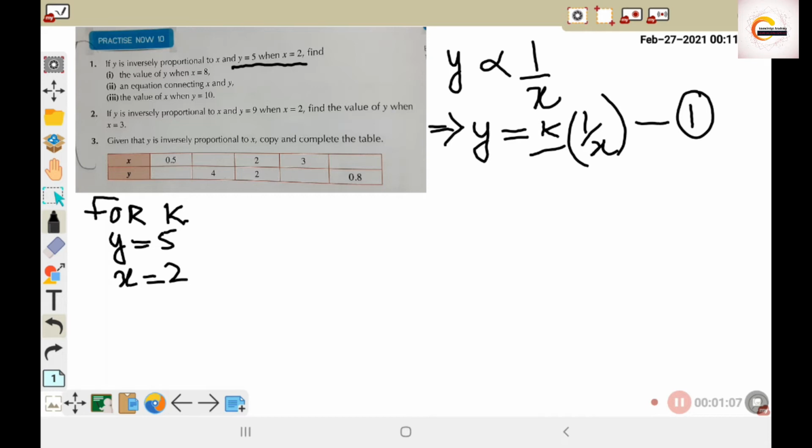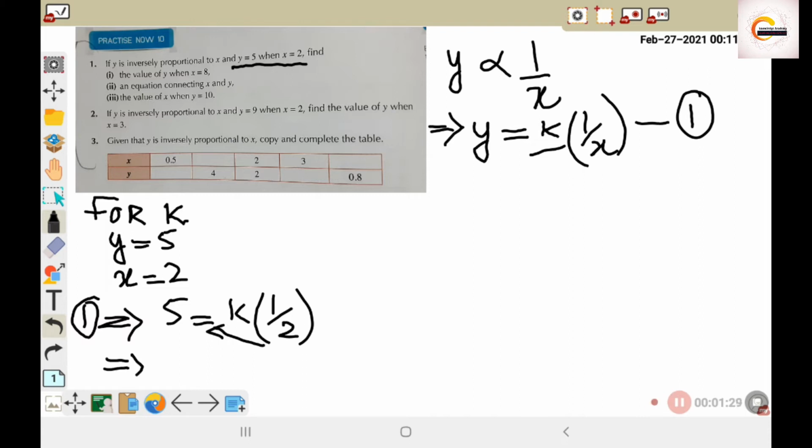Putting all these values in our formula number 1, that's how we can get the value of k. So y is equal to 5, k into 1 upon 2, and after cross multiplication the value of k is going to be 10.